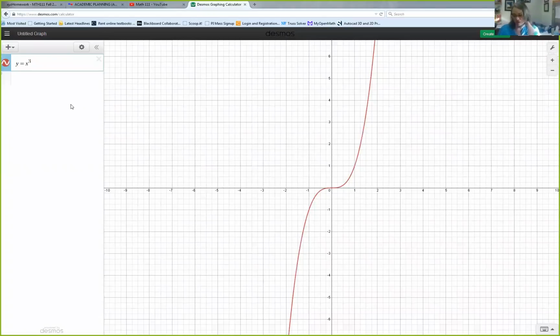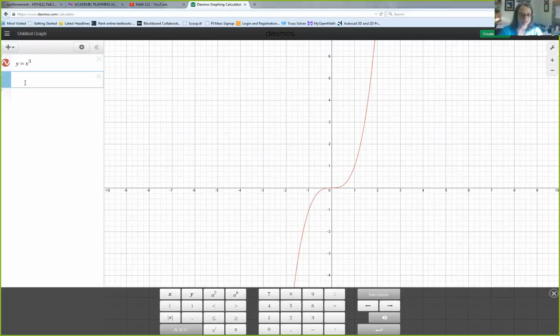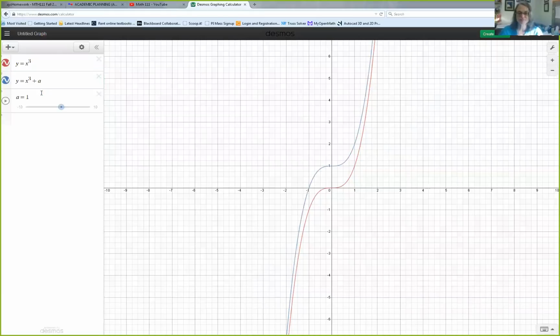Okay, now what I want to do is remind you what happens if we add something to this function outside of the parentheses. So this is the f of x plus a, just outside of the parentheses. So I'm going to add a number onto the back, and I'm going to let that number vary a little bit. And this is just Desmos's way of letting me play with this.